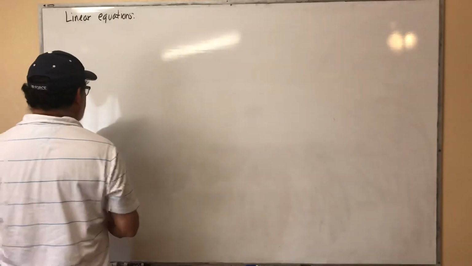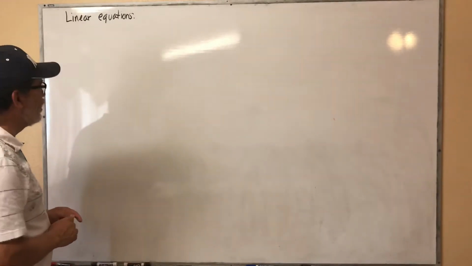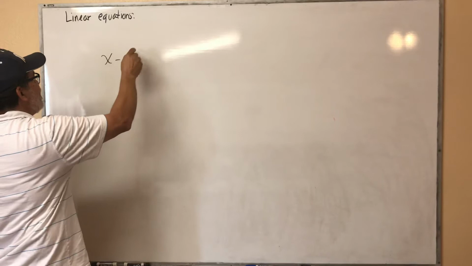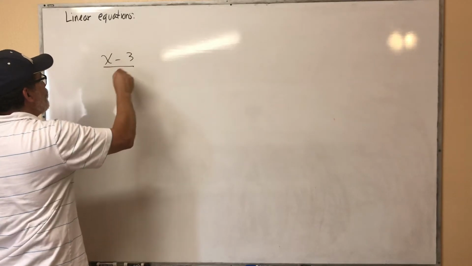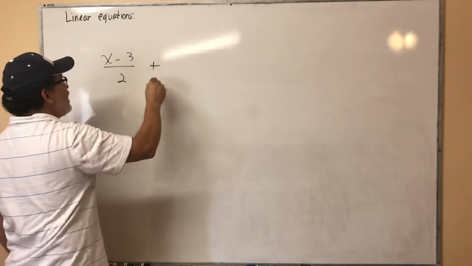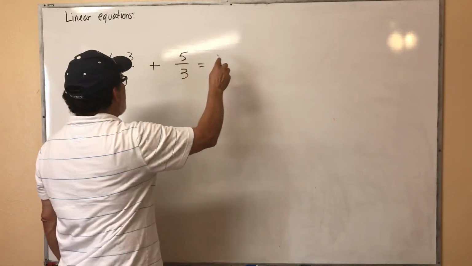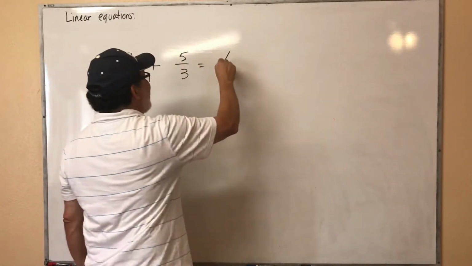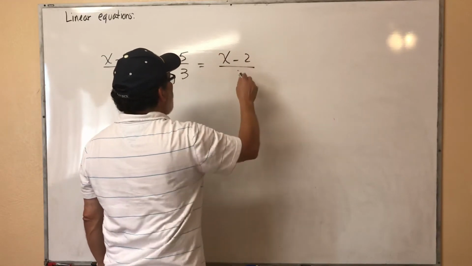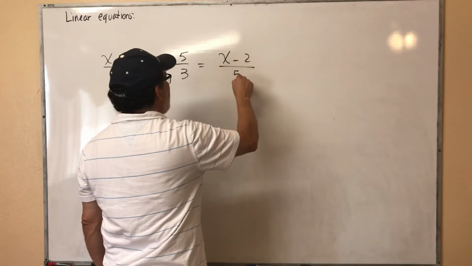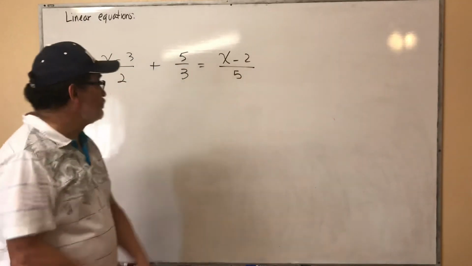So here is an example of a linear equation. Here we go. (x minus 3) over 2 plus 5/3 equals (x minus 2) over 5. You see this variable?